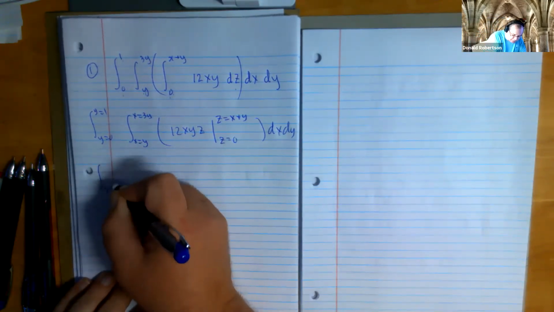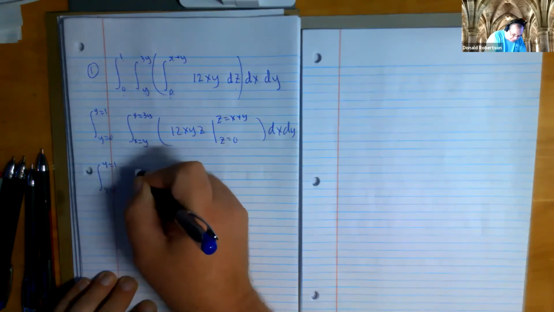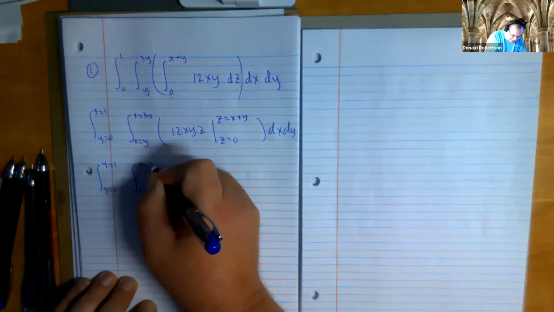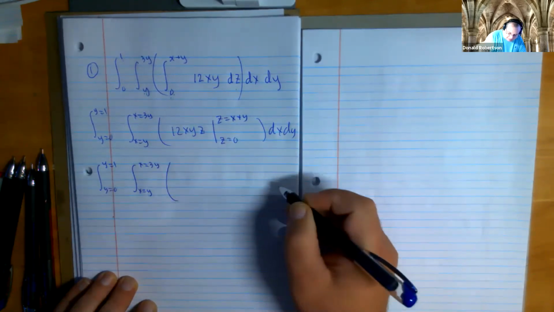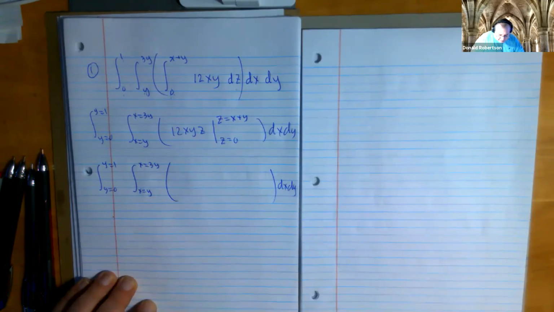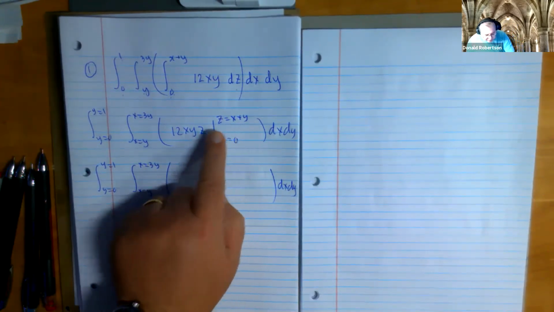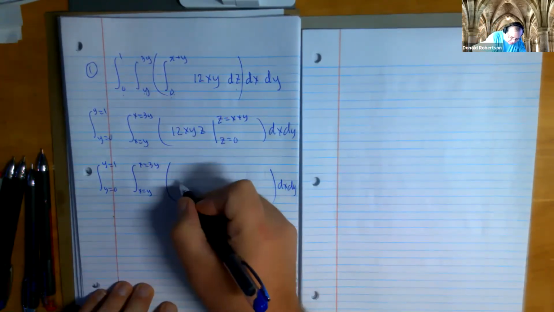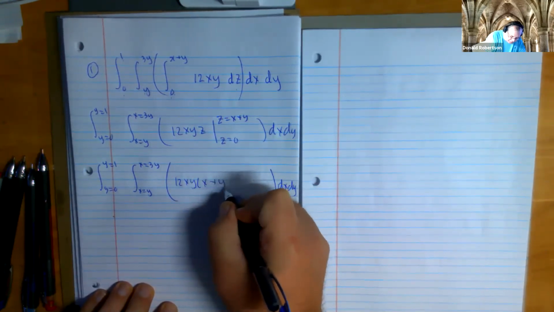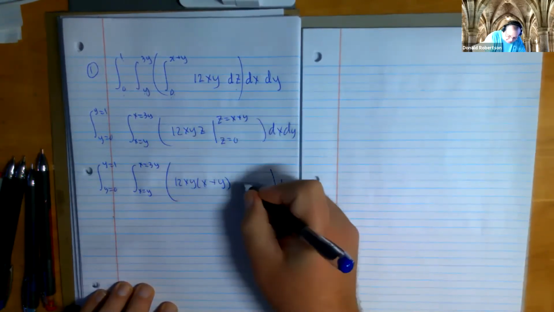We get y equals 0 to y equals 1, x equals y to x equals 3y, and now if you plug in x plus y for z, you get 12xy times x plus y, take away nothing.